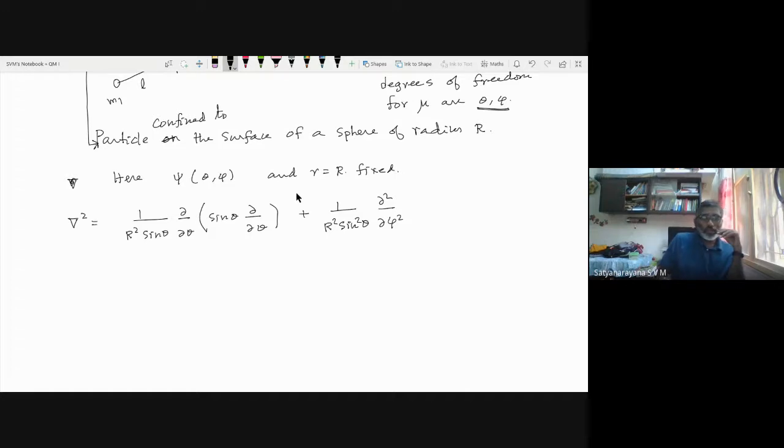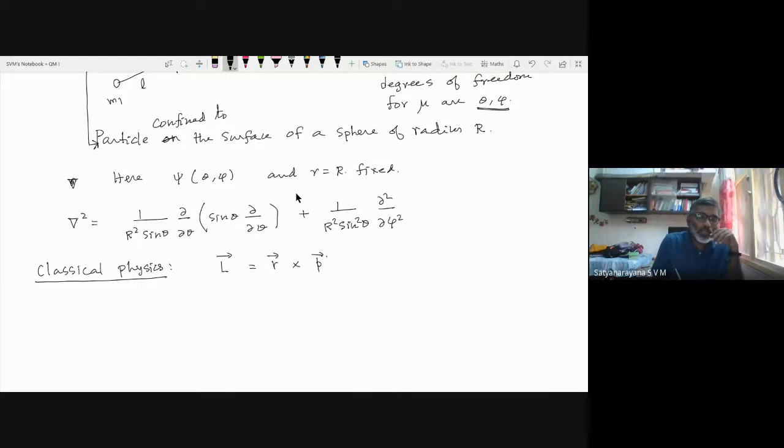Now there are two things that we would like to do here. So we can approach from physical point of view. Okay, so let us go to classical physics. Many of these things I request you to try. In classical physics, we know that the angular momentum is defined as r cross p.